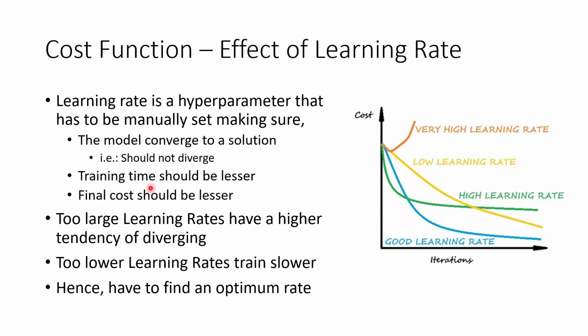If it takes thousands or millions of iterations to come to the optimum point, it is a waste of time and money and electricity, right? It should come to the solution in a fair number of iterations. So you should not take a very low learning rate just to make sure that it is converging, because it would take much time to converge, right?